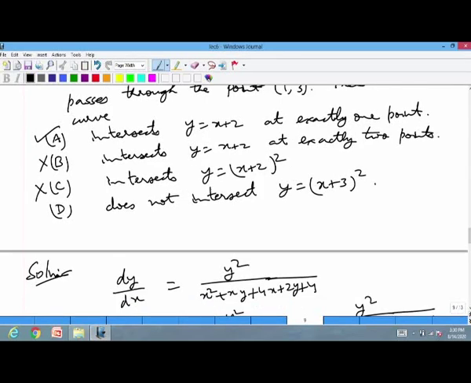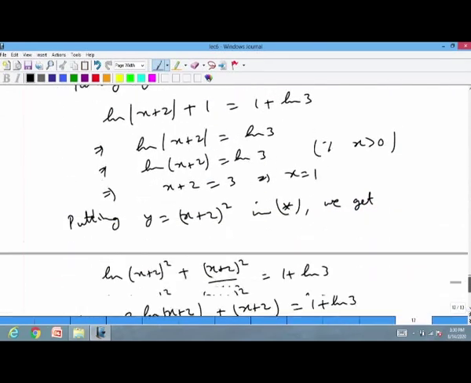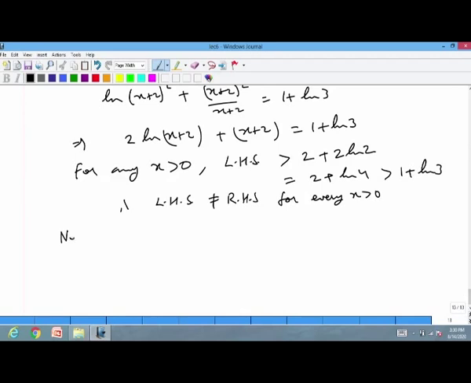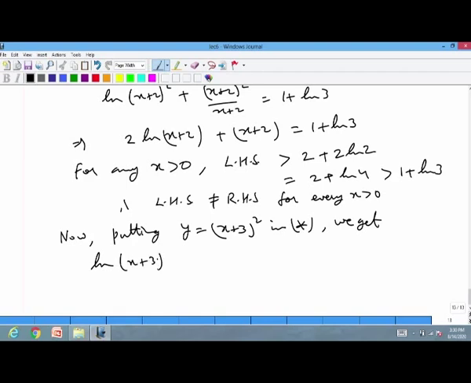Now, we have to see whether it intersects the curve y = (x+3)^2. Putting y = (x+3)^2 in star, we get log((x+3)^2) + (x+3)^2/(x+2) = 1 + log 3.